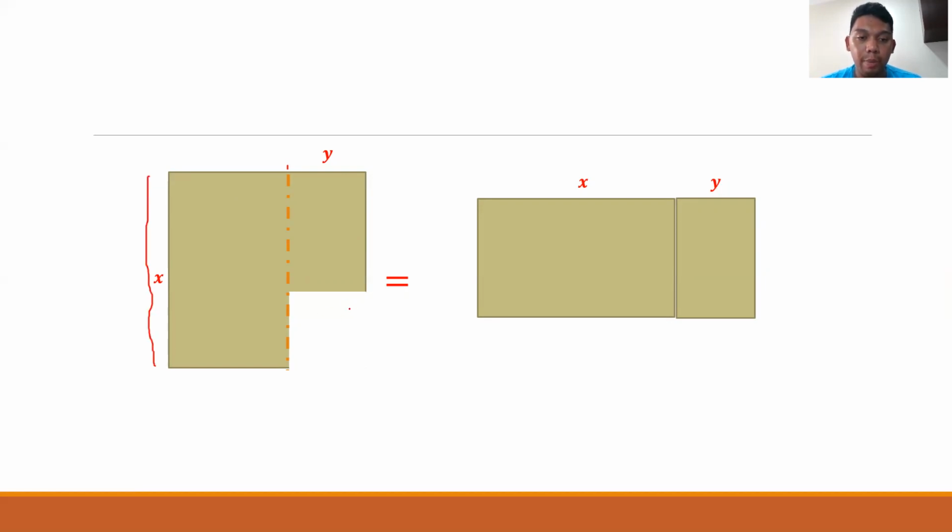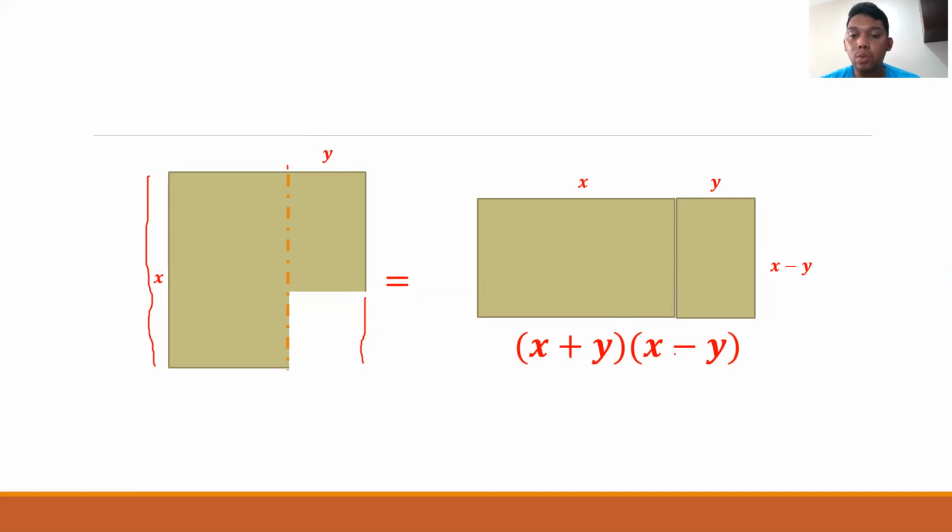And then what will happen to the measurement of that? What will remain here if you take away this part here? So what do you think the measurement is? It's x minus y, right? Because you subtracted.